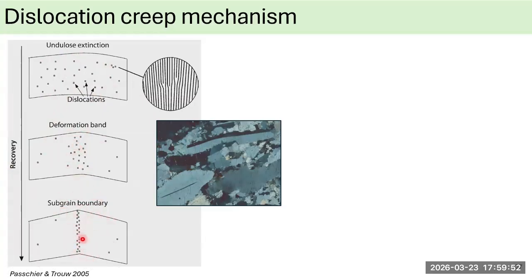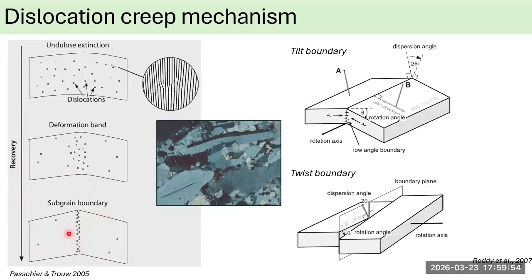And we can define these subgrain boundaries as tilt boundary or twist boundary. I'm not going to go too much into detail. With EBSD, we can relatively easily characterize tilt boundaries, whereas twist boundaries are much more difficult to determine, and I'm not going to go into that at the moment.